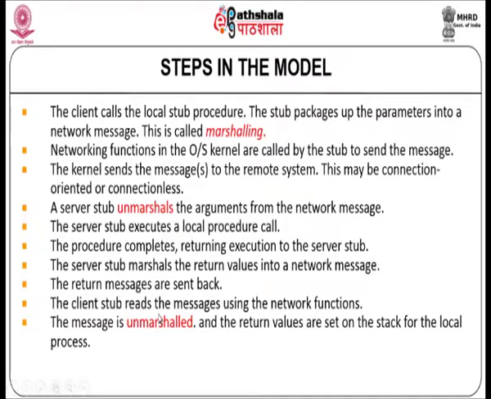The return messages are sent back, and the client stub would read the messages using the network functions. The message received in the client stub would be unmarshaled, and the return values would be sent to the local process running on the client side, the client program. So, this is what happens when a remote procedure is invoked from a client on a server.